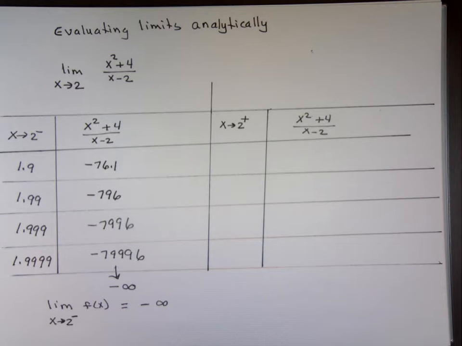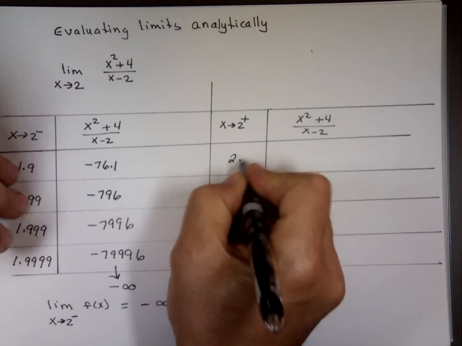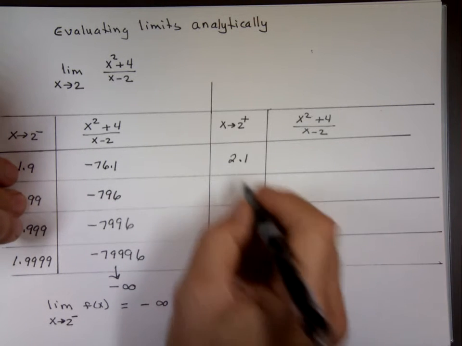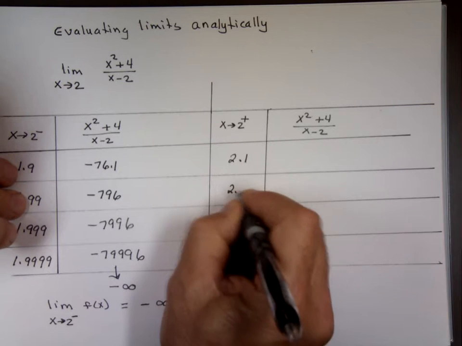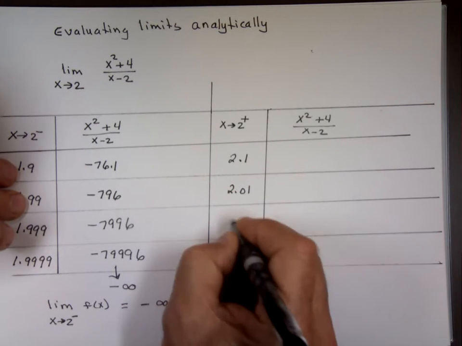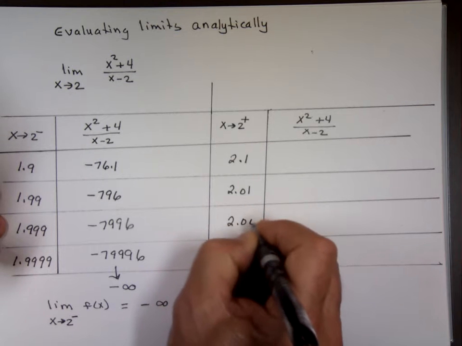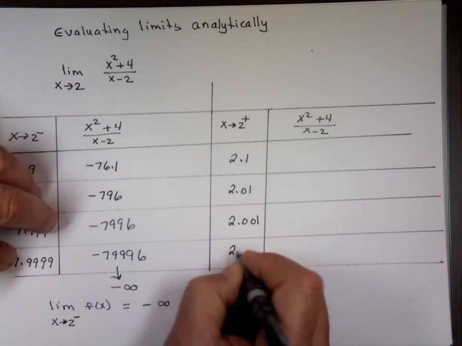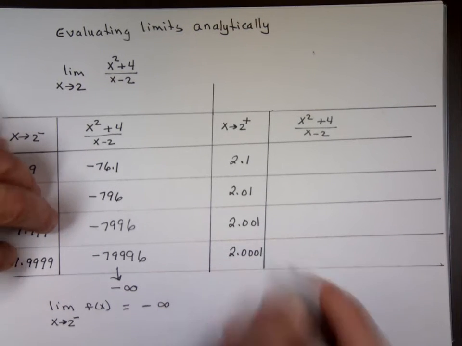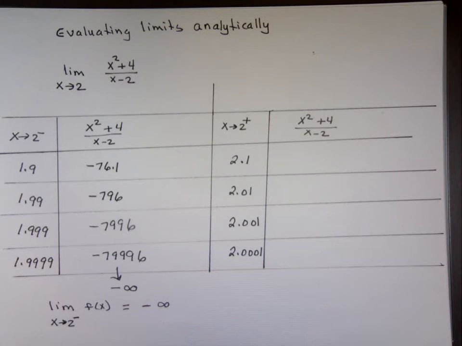Let's try the 2 from the right side. So you're more than 2. You come into it from the right side. We'll try 2.1. Then let's get closer to 2 than 2.1: 2.01, 2.001, 2.0001. And see what we have for an answer.